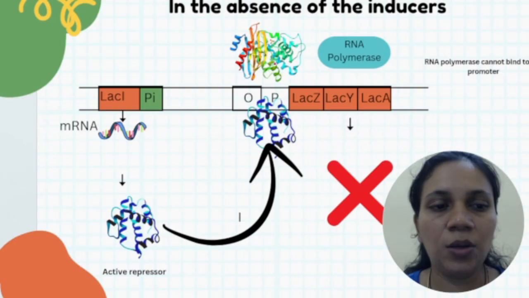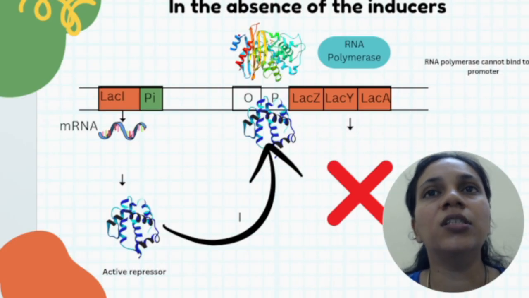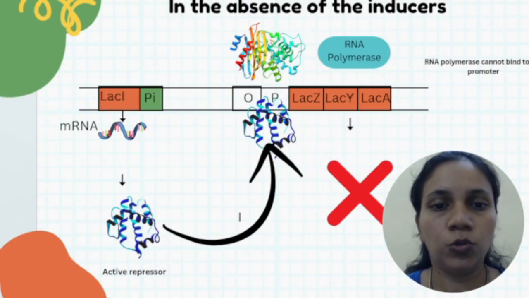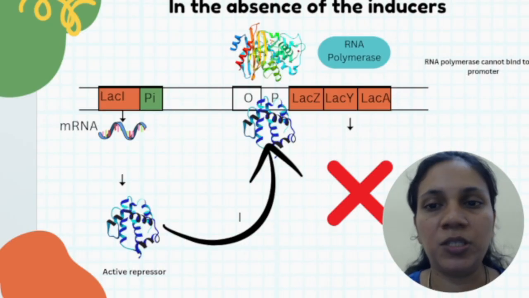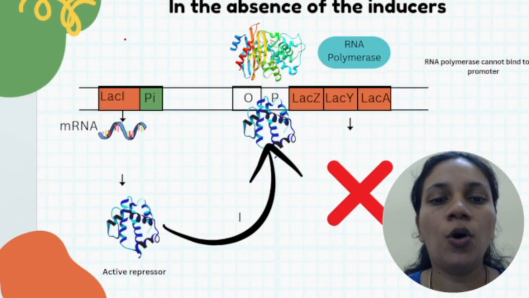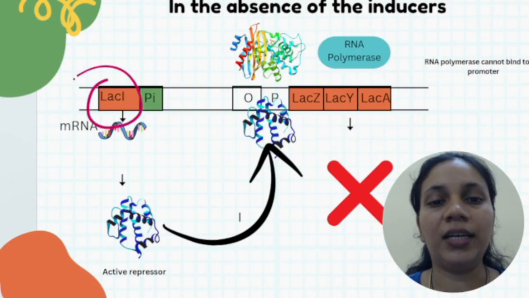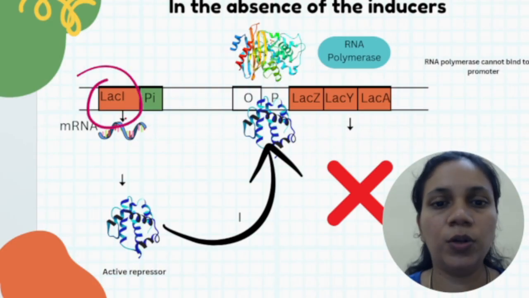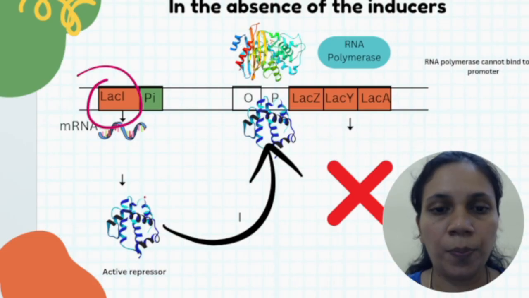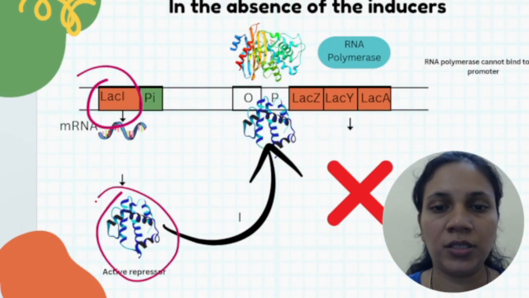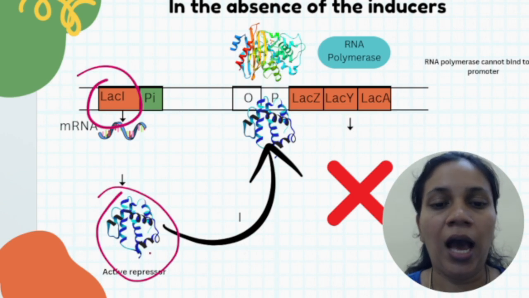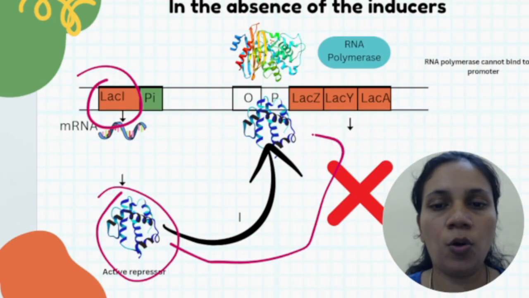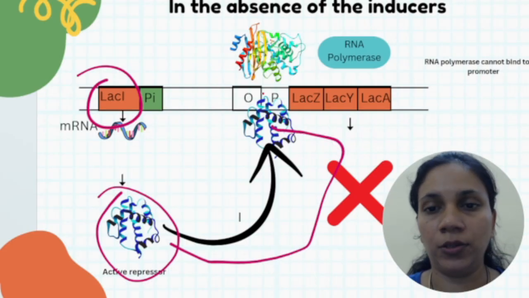Now let us see what happens when the inducers are absent in the system. So this is a structural gene we have. When inducers are absent, your repressor will form the active repressor because its promoter is independent, and this active repressor will go and bind onto the operator.